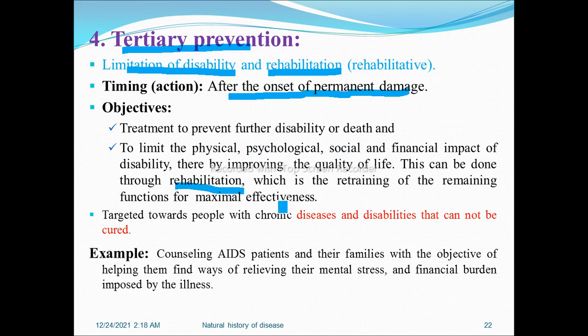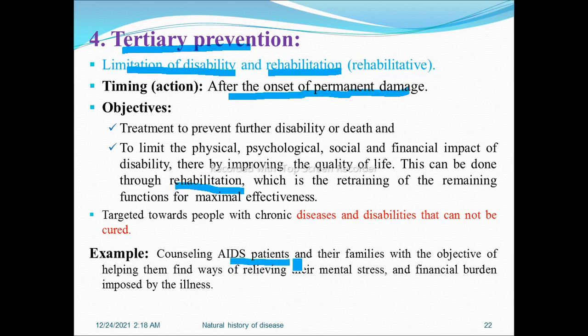which is retaining the remaining function for maximal effectiveness, targeted mostly towards chronic diseases. Disability cannot be cured, so it may be grouped in this stage. For instance, HIV/AIDS, by the way, has no cure.